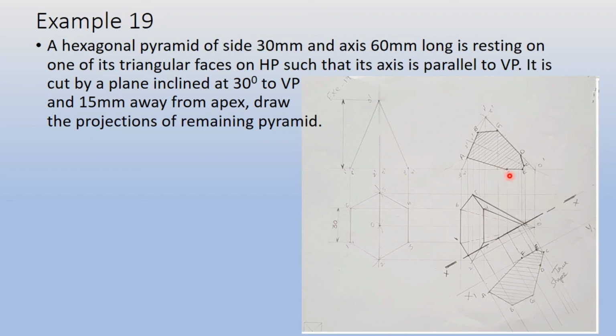We have tilted this so that the triangular face rests on the HP, as you can see here. So this was the front view and top view, and we have placed the section plane in such a way that it is making an angle of 30 degrees with respect to VP, and also 15 mm away from the apex. From here it is 15 mm. So this is your true shape.